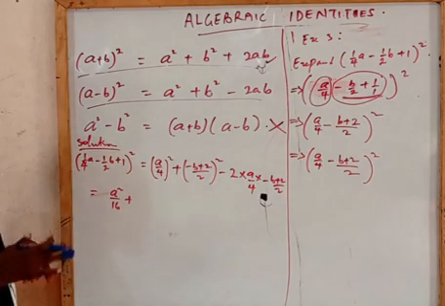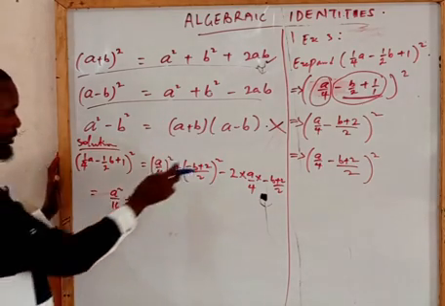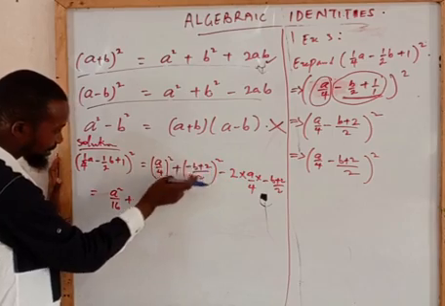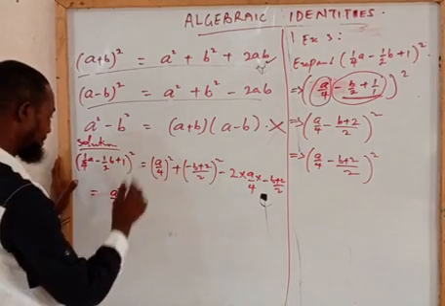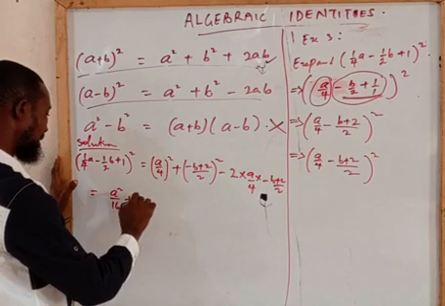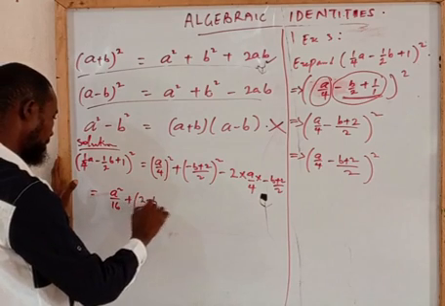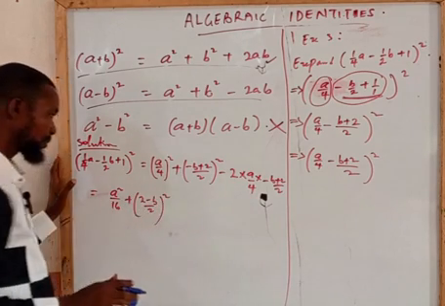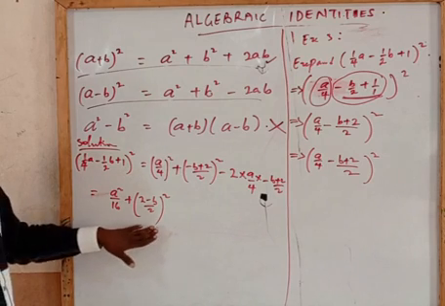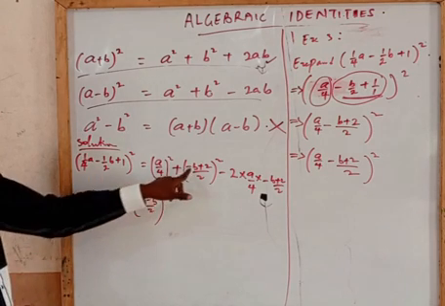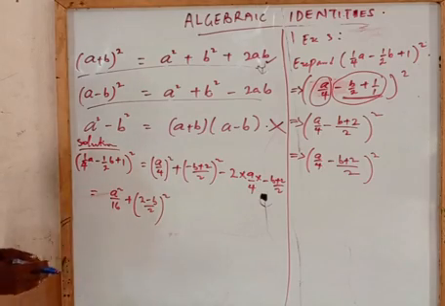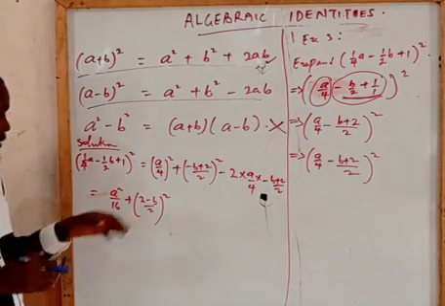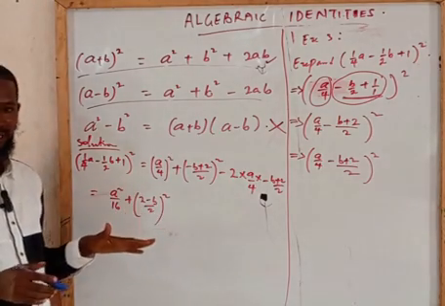We have other approach by which this thing can be done. Now I want to rewrite this thing in another nice way. This thing I have here can still be rewritten as 2 minus b over 2 squared. I don't know if this area is clear. So what I just did there was that I interchanged the position of negative and positive, because mathematically it makes much sense to have a positive number before the negative number.